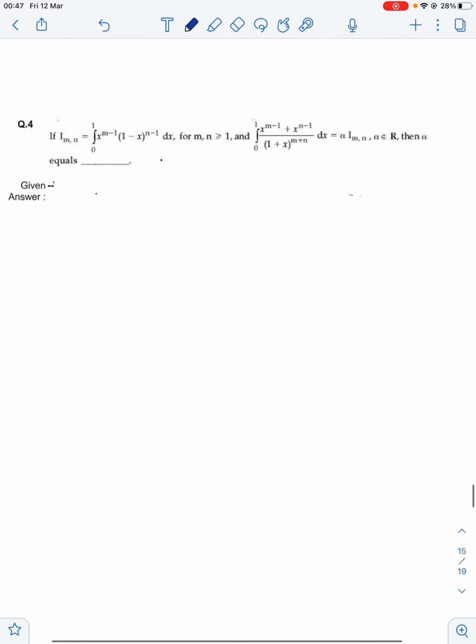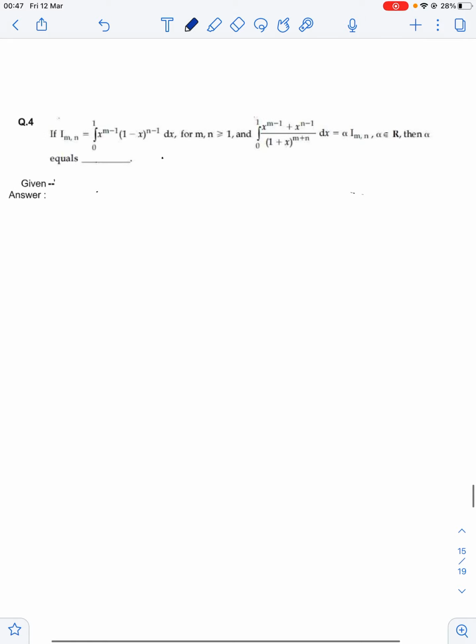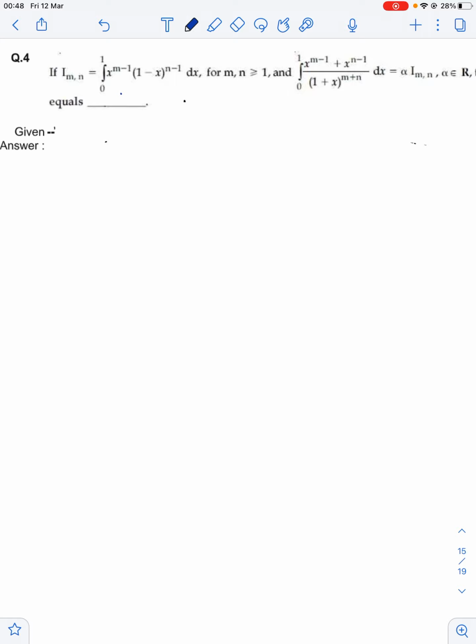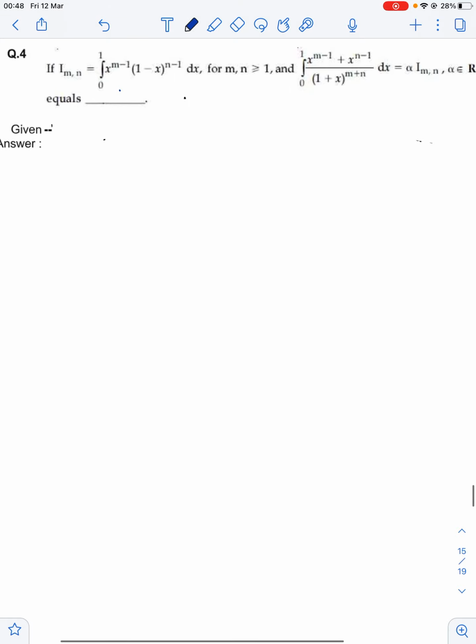Question number 4 of the integral part. I is given and another integration is given which is alpha times the given I. So we have to compare the numbers. Let us say I, start with I, integral from 0 to 1, x to the power m minus 1, times 1 minus x to the power n minus 1 dx.